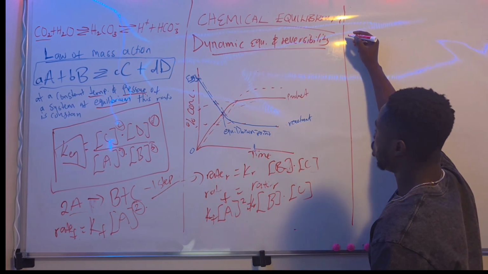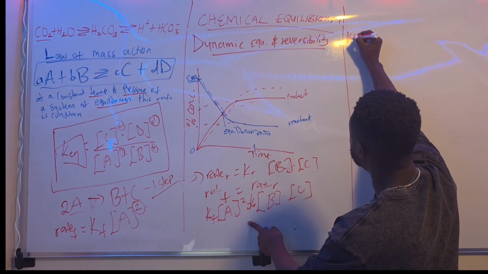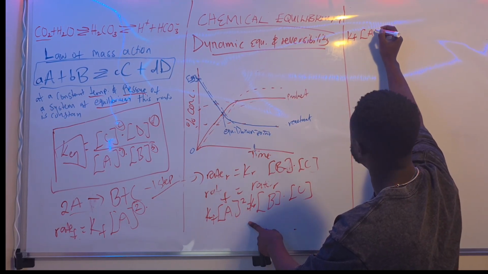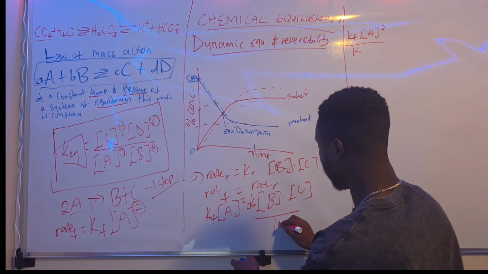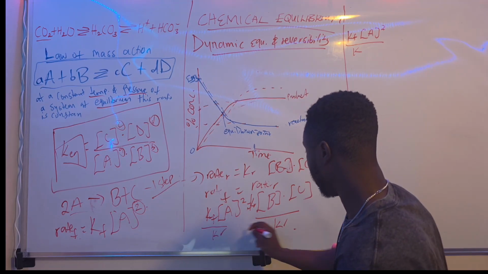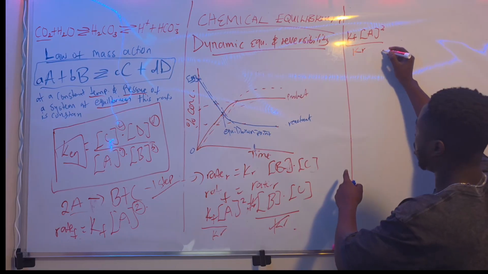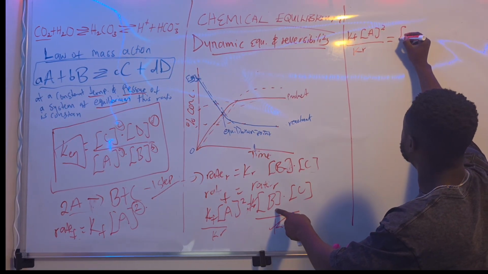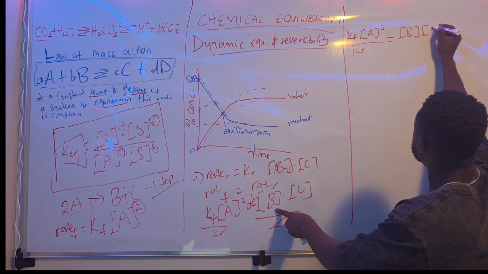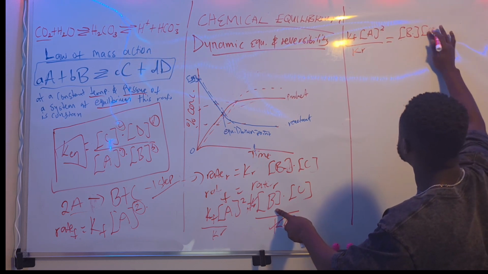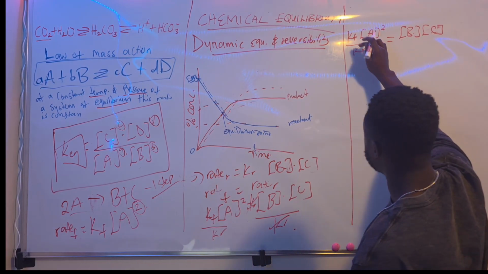So I have Kf times [A]^2, and I divide by Kr, I divide here by Kr, Kr will cancel Kr over here, and I'm going to have [B][C] over here.